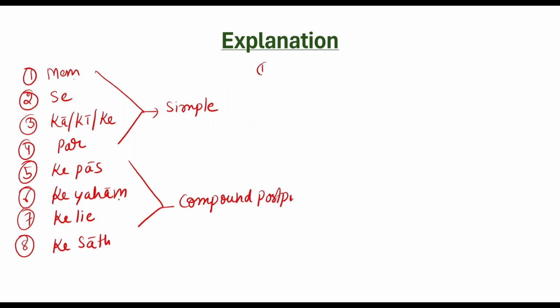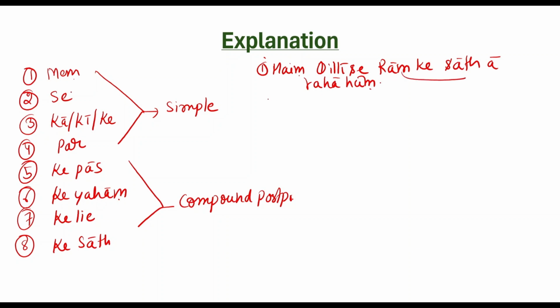Alright, now let's make sentences. मैं दिल्ली से राम के साथ आ रहा हूँ. I'm coming from Delhi with Ram. Here we used these 2. Now the second.